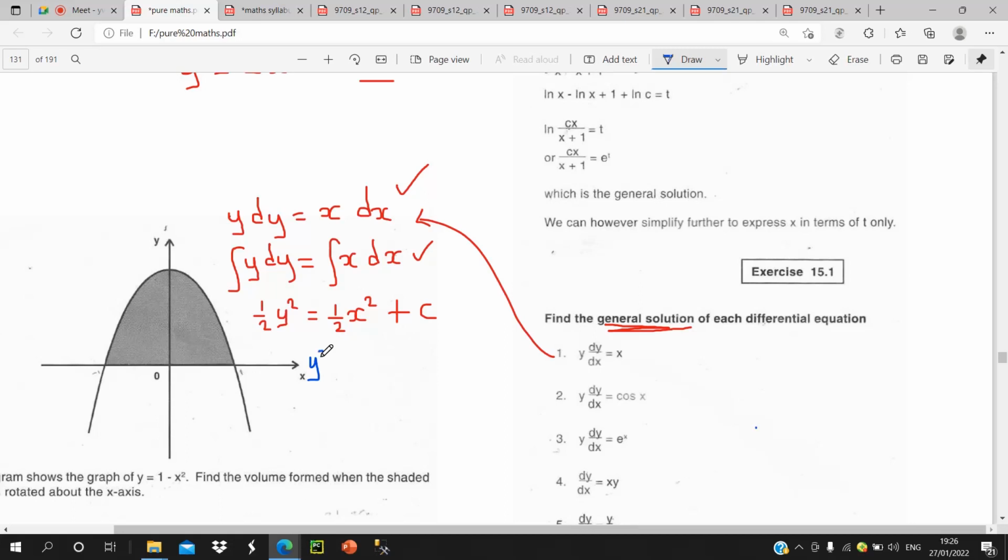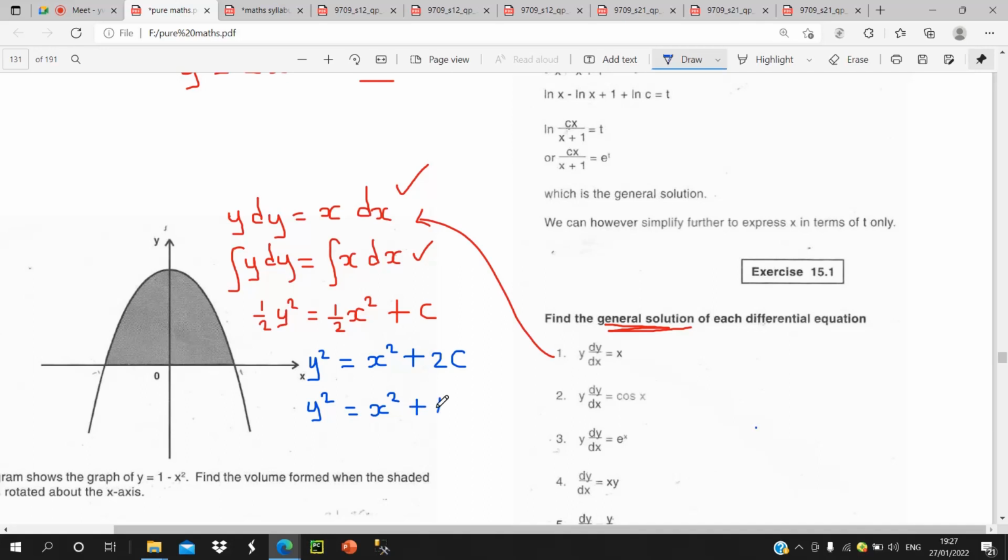y squared is equal to x squared plus 2c, right? Yes. Then I can say this one is the same as y squared is equal to x squared plus a.